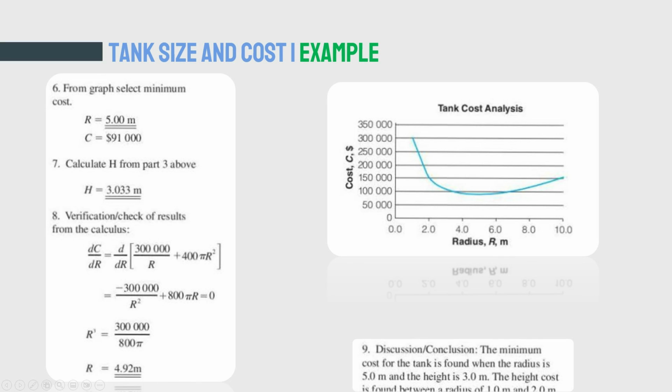Now we can go back to equation 1, plug in r, then you find the value of h to be equal 3.033 meters. To verify, you can do differentiation in this case, but I wouldn't ask you for it in exam or homework or something else. Then the final step, after you verify or check your results, you conclude and write down your results and findings.